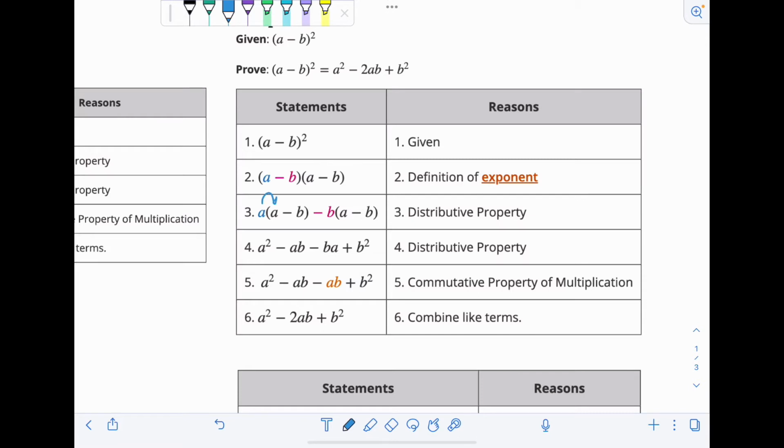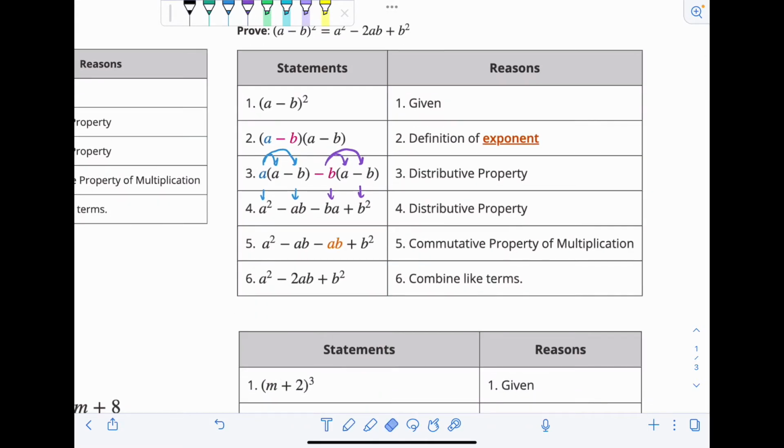So we do a times a to get the a squared, a times negative b to get negative ab, and then distribute the negative b. So negative b times a is negative ba, negative b times negative b, negative times negative turns into a positive b squared. And then we want to try to simplify. So we look at these two terms and notice that, like in example 1, they look really similar, but one is just backwards.